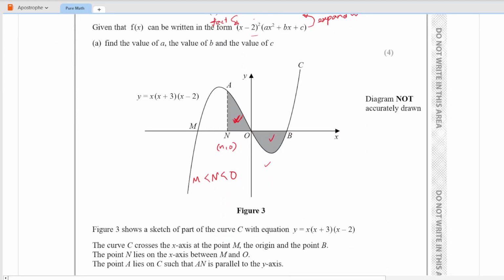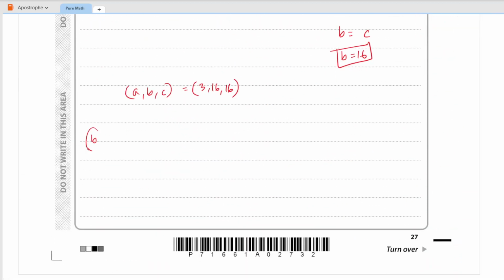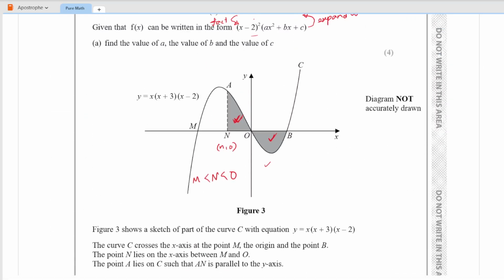So let's first find the area of this part using integration. So we have B here. Oh, before doing that, I forgot. In order to find this, at these 3 points, y equals 0. So if we put y equals 0 here, we get x times (x plus 3) times (x minus 2).